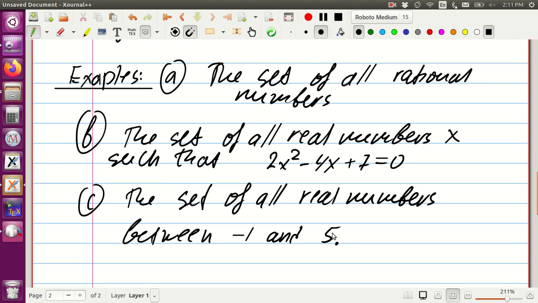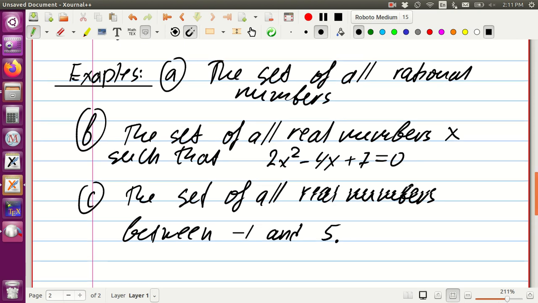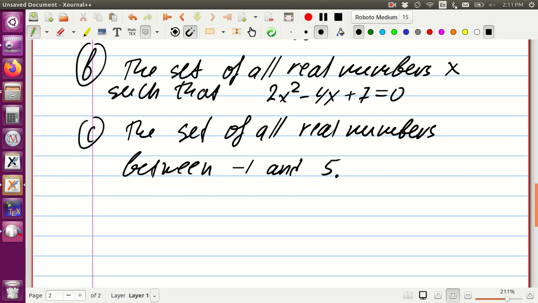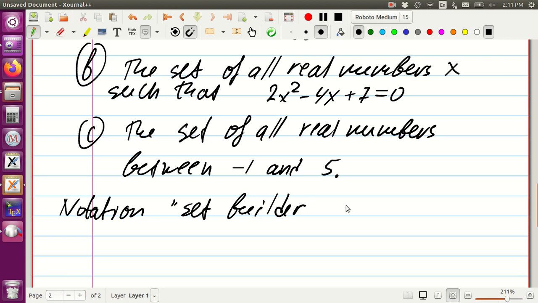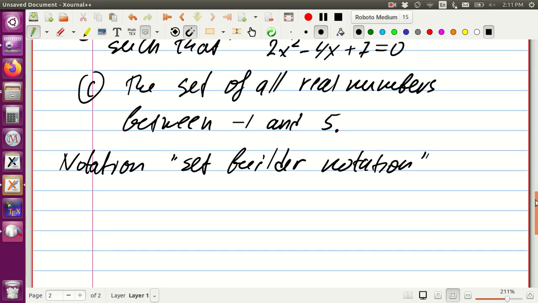So this is a convenient way to write. But for this type of writing, people created so-called set builder notation. So we can use set builder notation.